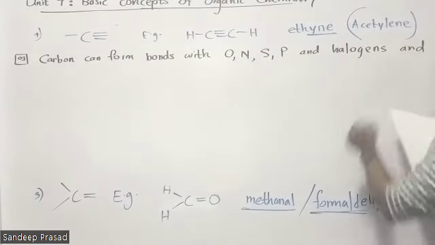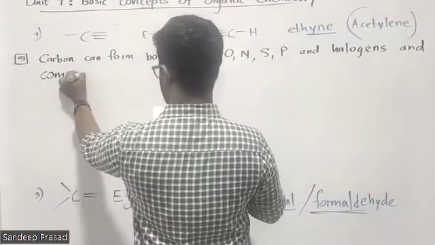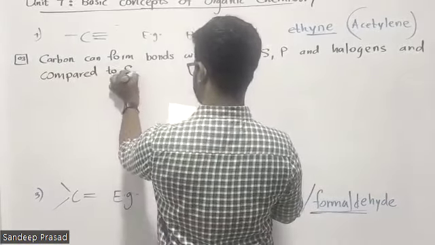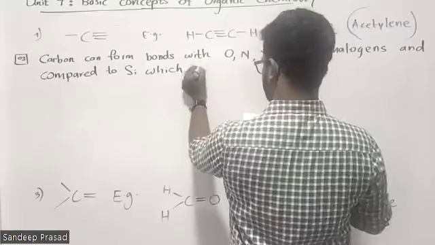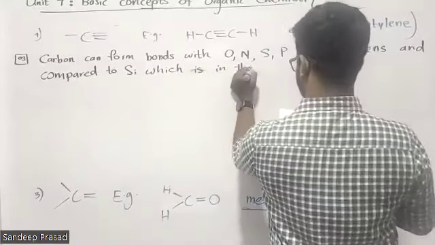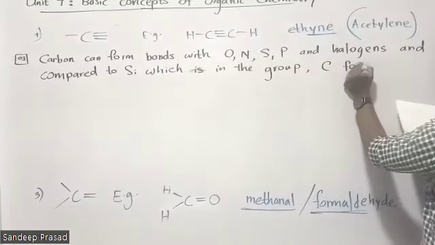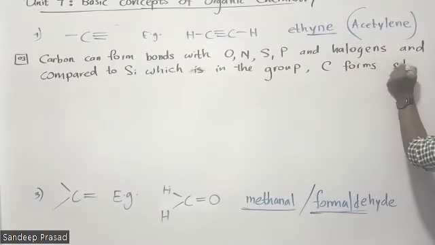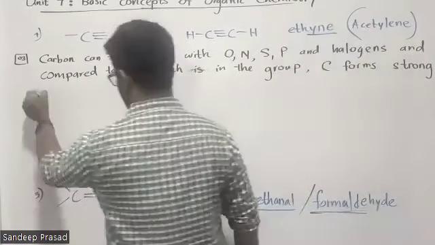And look at this point. Compared to silicon, which is in the same group, carbon forms strong bonds. Yeah. Carbon can make strong bonds.